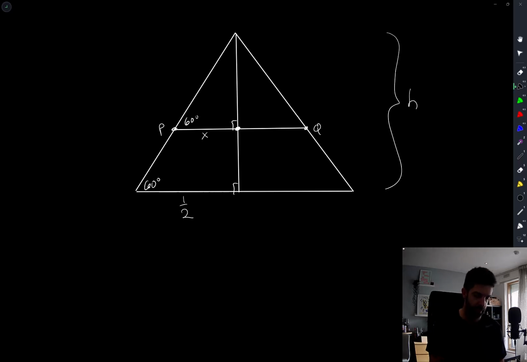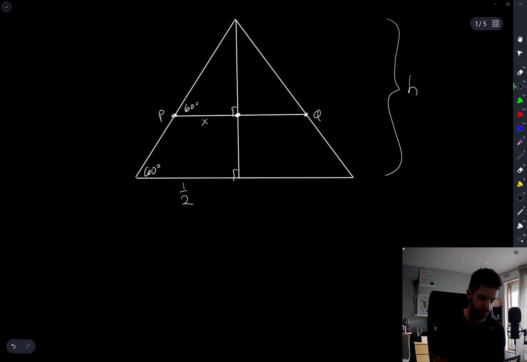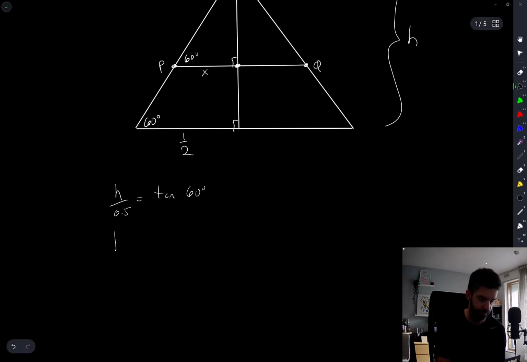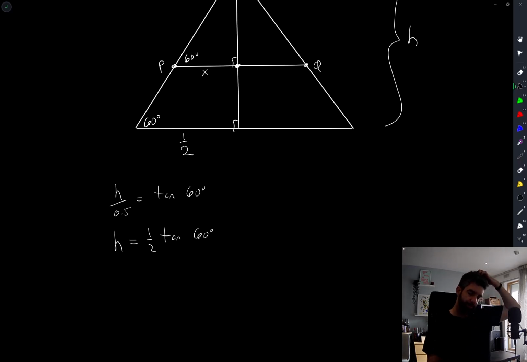Height of the triangle. So we have h over 0.5 is equal to tan of 60 degrees. H is tan 60 degrees, half of that.